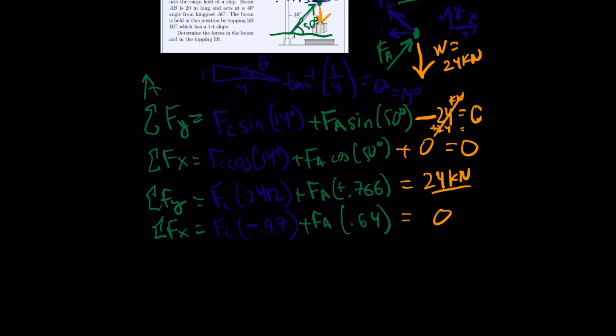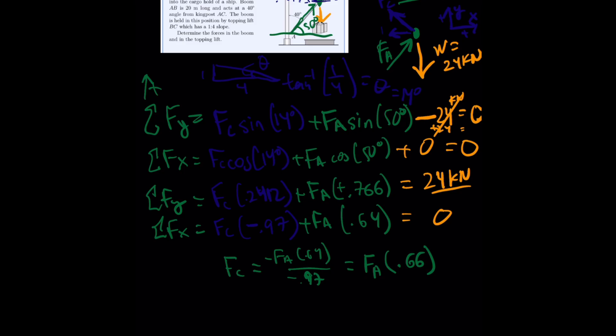After doing the math, we're going to get F of C equals F of A times 0.64 divided by 0.97, and that's going to give us F of A times 0.66. And now we have FC.